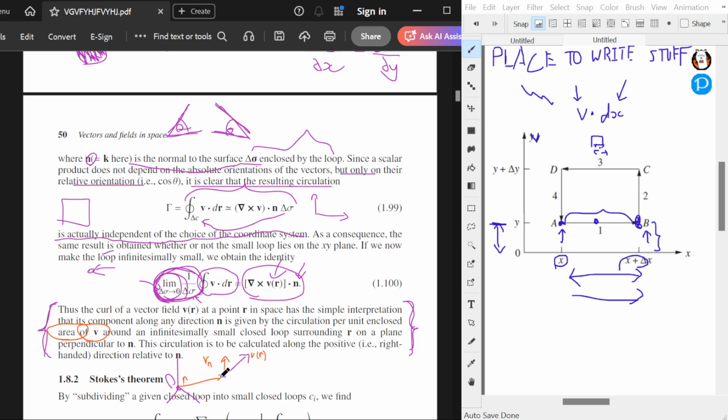So there's a really small loop and it's on a plane perpendicular to n.